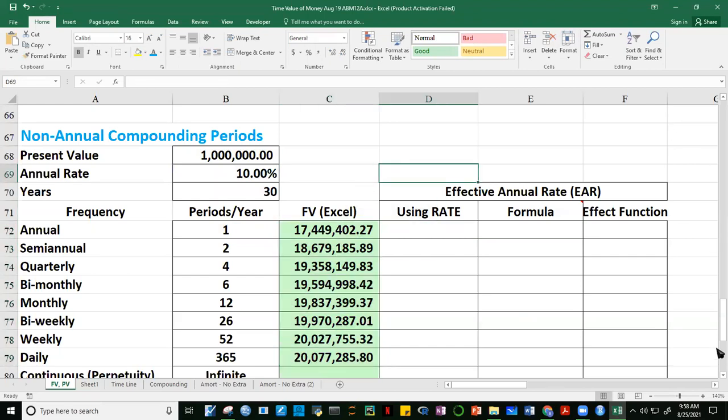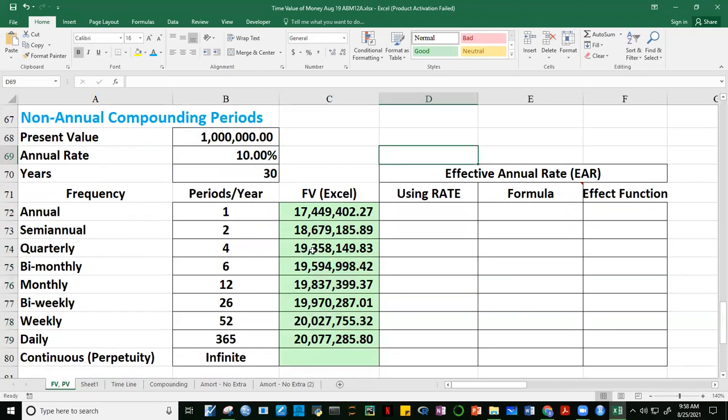Notice that our future values increase if the compounding per year is greater. So our future value is higher with daily compounding. Look, 17.4 million versus 20 million. Of course, as investors we prefer daily compounding of interest, because the more frequently we compound, the greater the future value.